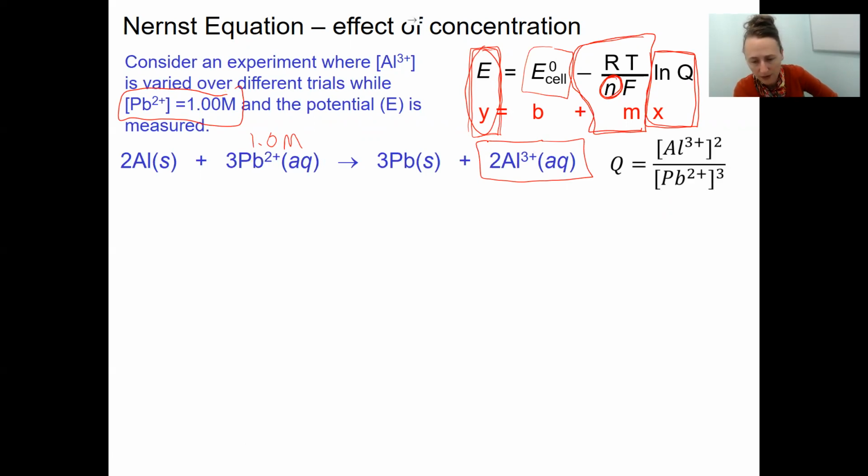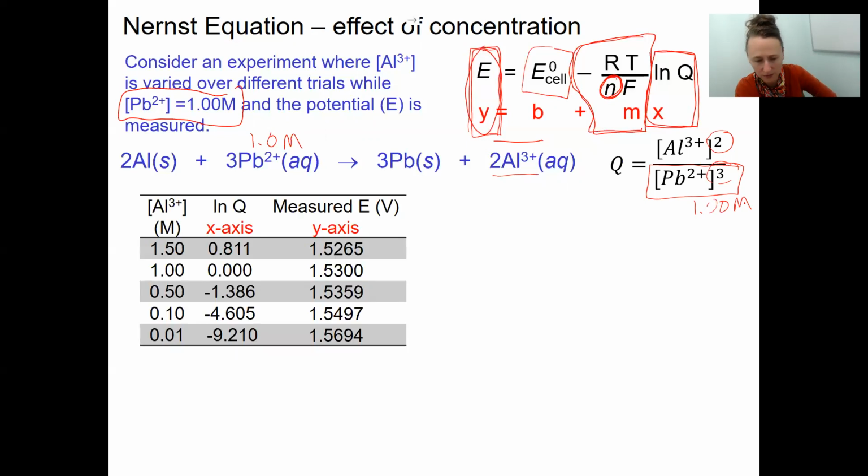Remember, Q is going to be aluminum 3+ concentration squared over the lead concentration cubed. But since we're holding the lead concentration constant at 1 molar, this will be a much easier equation to deal with.